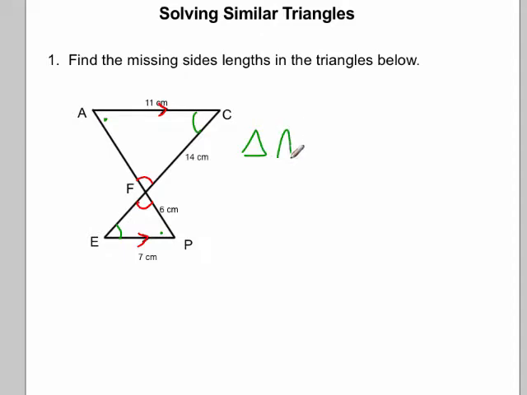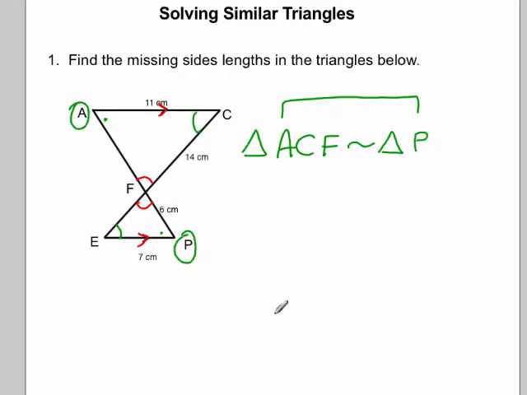So I'm going to write triangle ACF is similar, that's the similar symbol, and then my notation has to match. Angle A in this triangle has the same angle as P in the other. Angle C matches angle E in this triangle, and angle F matches angle F in the other triangle.